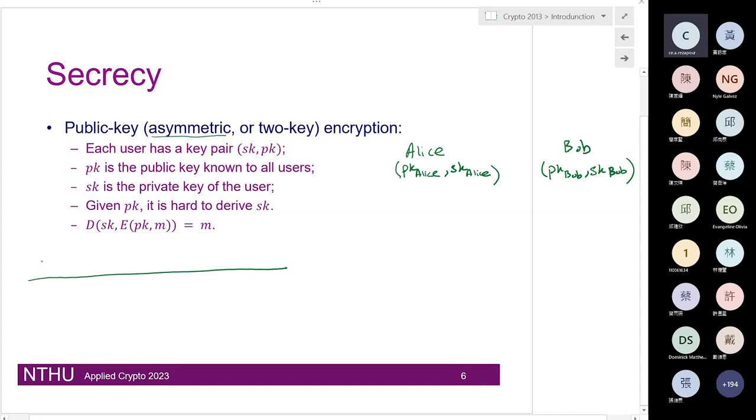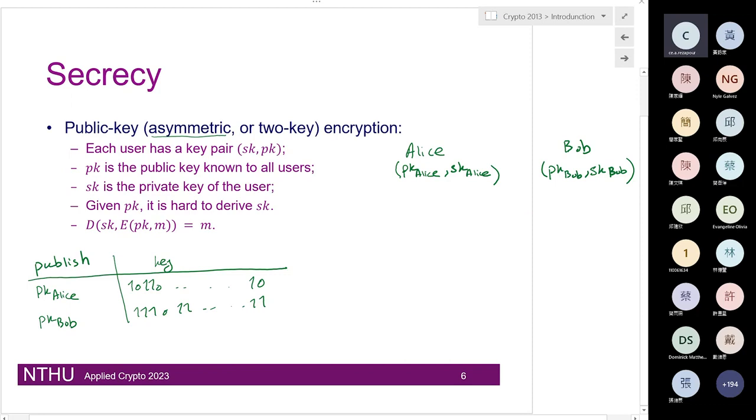They would publish the Alice public key, the PK of Alice. Let's say we would use binary notation, 1 0 1 1 0, and so on and so forth. This is the binary representation of the Alice public key, and then similarly for Bob. So it would be different.